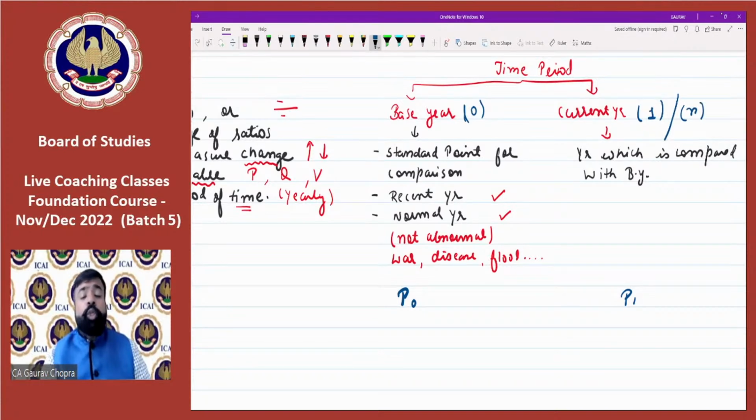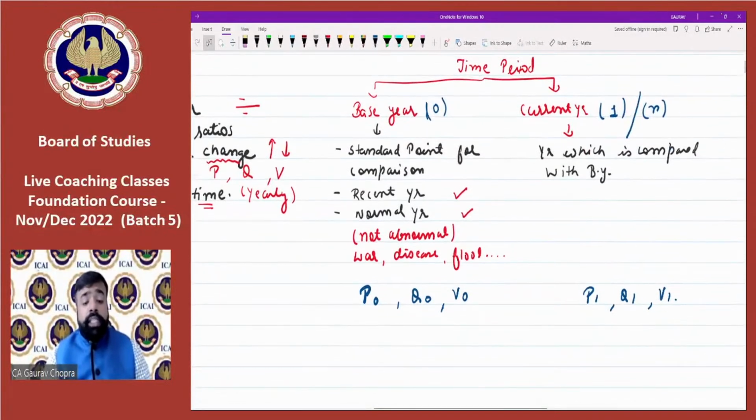So current year is also denoted by N. Okay, so price P0 and P1. If it is quantity, Q0 is the quantity of base year and Q1 is the quantity of current year. Value V0 is the value of base year and V1 is the value of current year. So these are the basic notations.